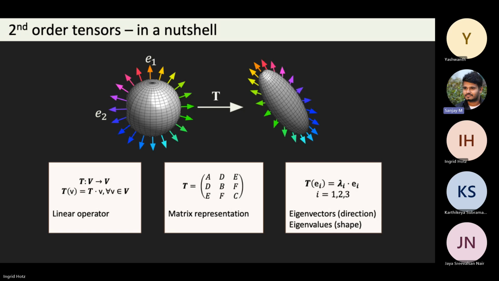We often refer to the eigenvectors as the direction and the eigenvalues as the shape of the tensor. So the shape of this ellipsoid is really determined by the eigenvalues, which give you basically the radii of the ellipsoid, and the eigenvectors determine just the orientation.